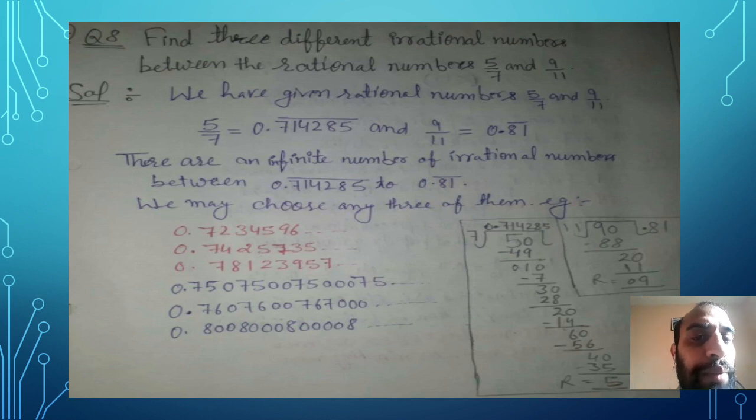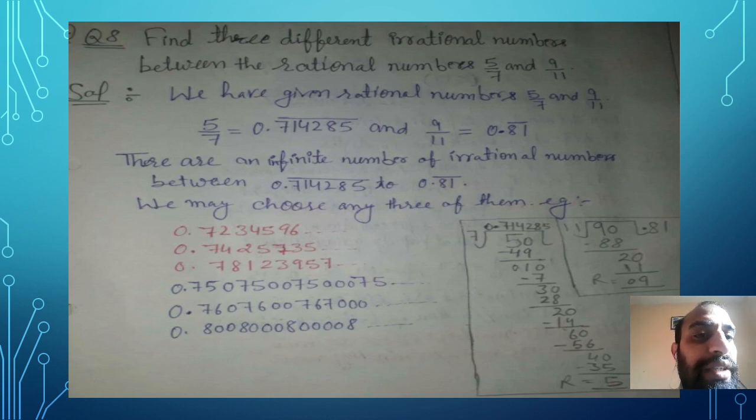Here for 5 upon 7 you can see 71 is the first two digits, and there is 81. In simple language you can say from 71 to 81 there are so many countings: 71, 72, 73, 74, 75, 76, 77, 78, 79, 80. These all are coming in between.